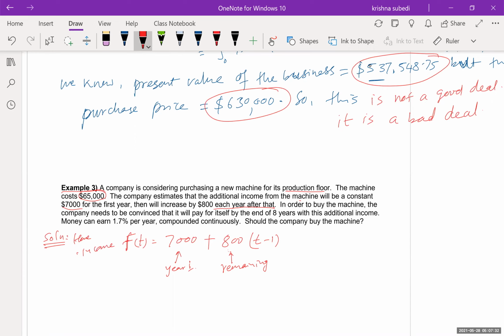So if you simplify it, you're going to get 7,000 plus 800t minus 800. So that's going to give me 7,000. No, not 7,000. It is 6,200 plus 800t. So that is our f of t.